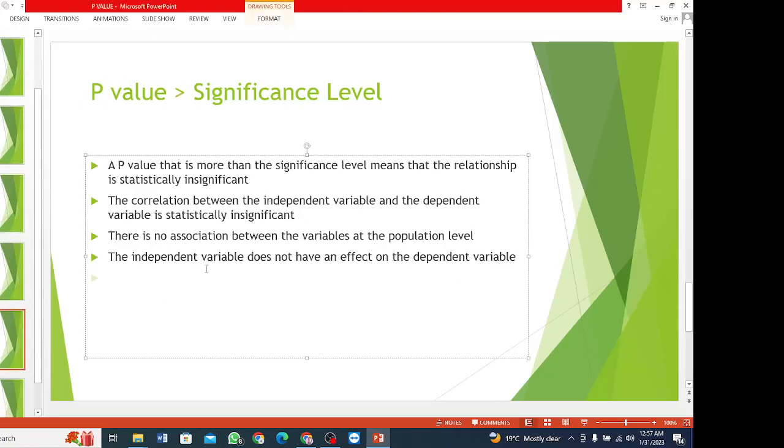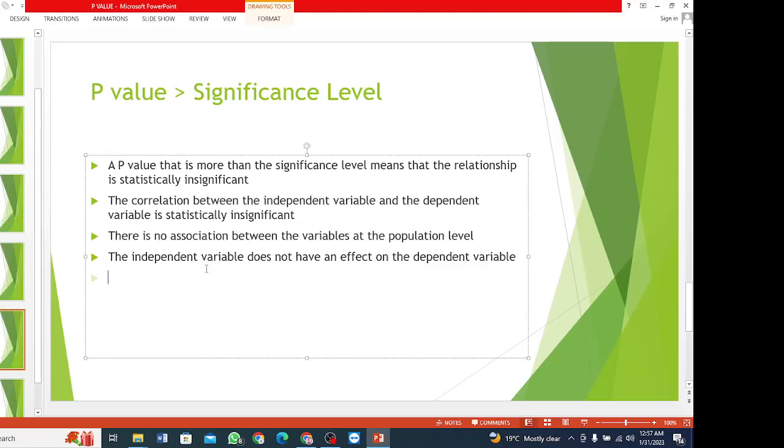However, there are cases where you find that your p-value is greater than the significance level. You get a p-value that is greater than 0.05. So in that case, we interpret that relationship as being statistically insignificant.